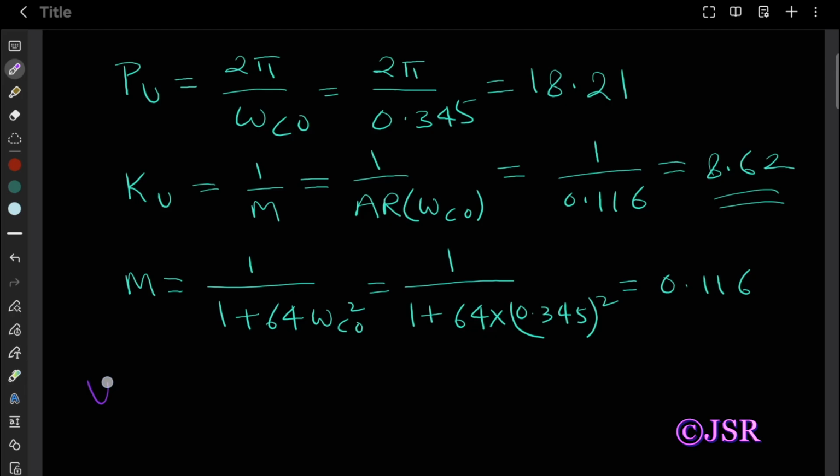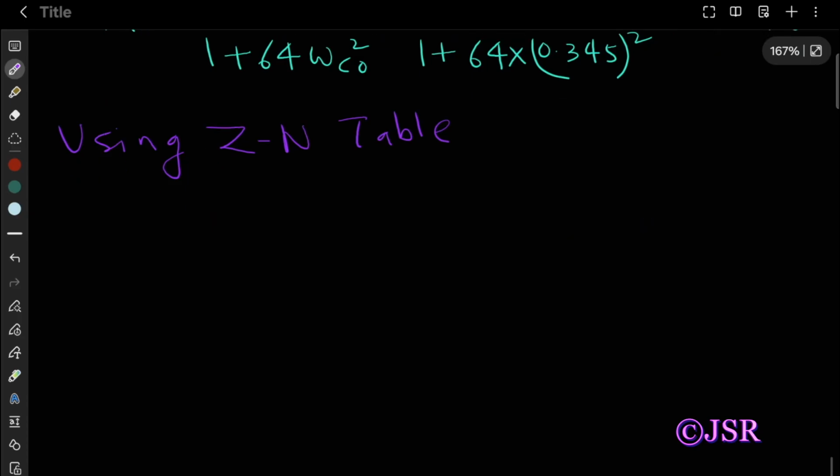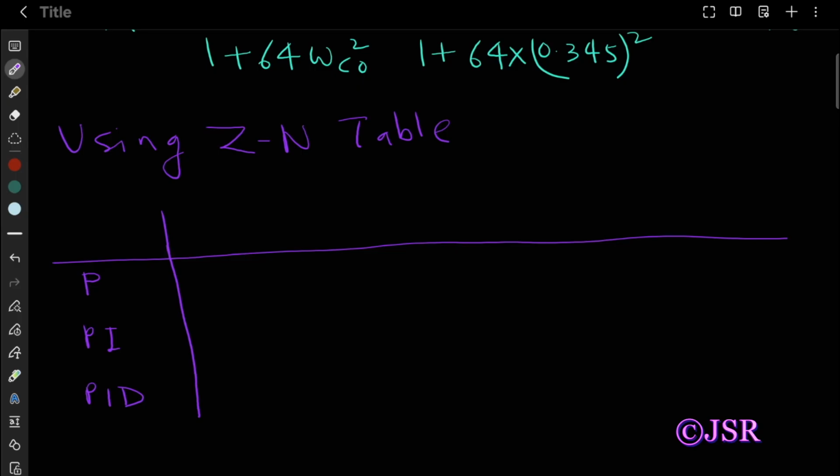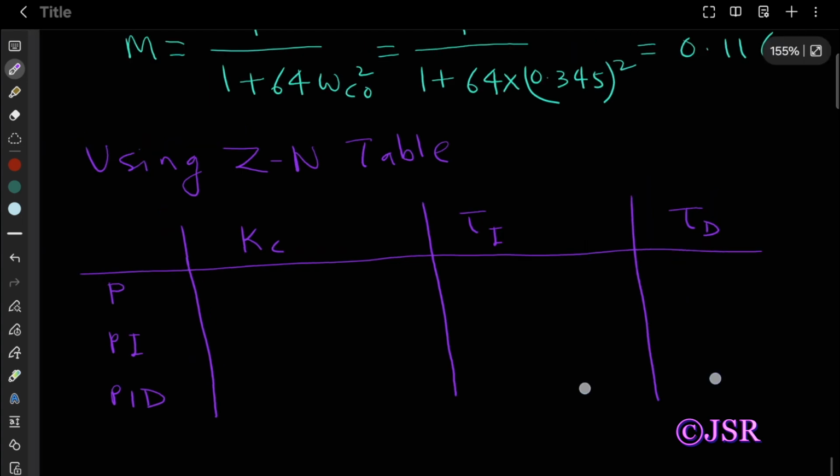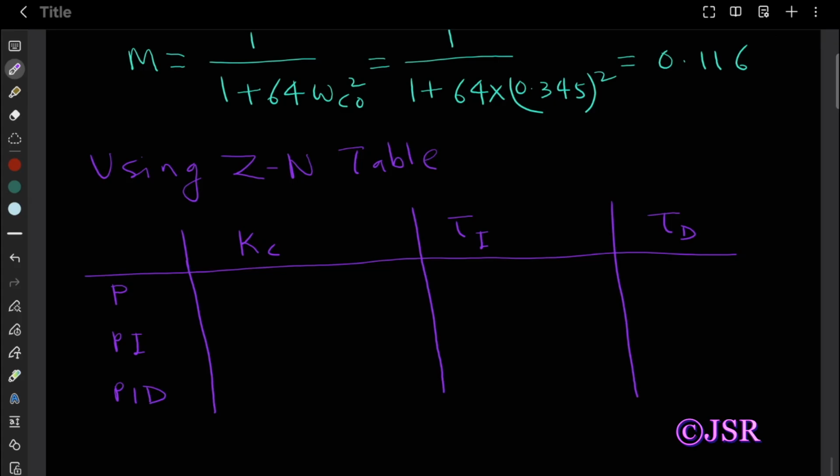So for the P controller, using the Zn table, we have P controller, PI controller and PID controller, with Kc, tau I and tau D. For the P controller, Kc equals Ku by 2.